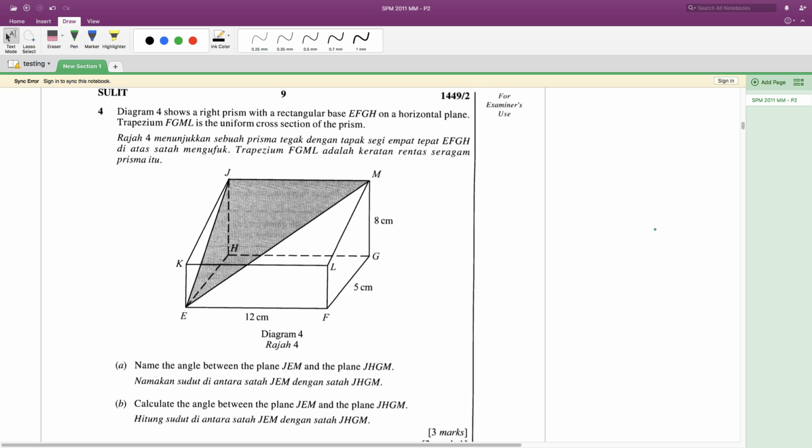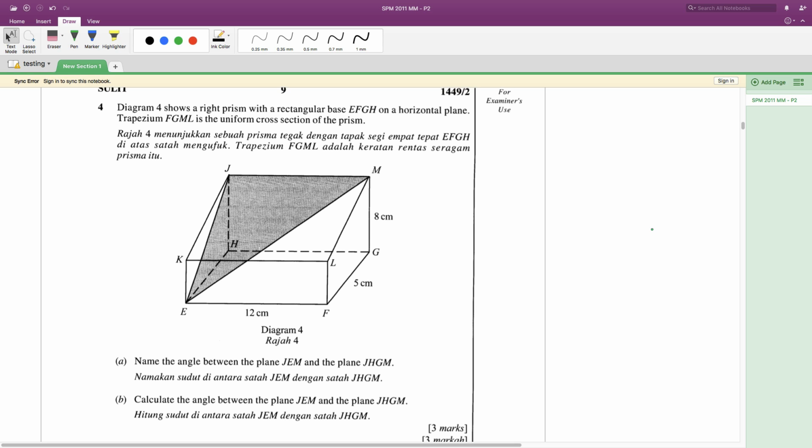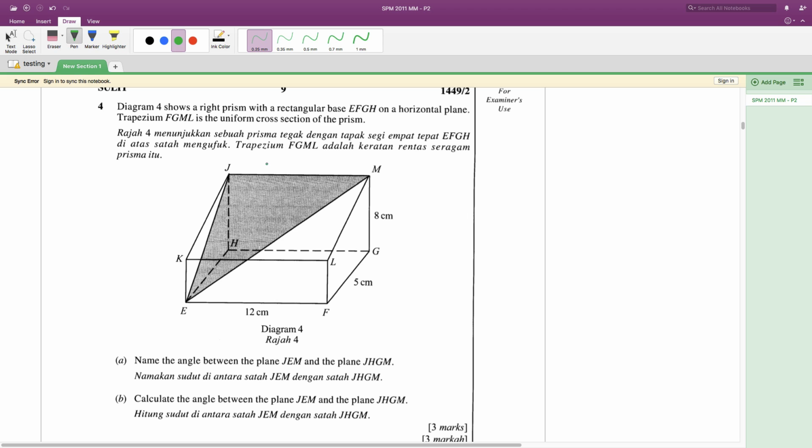Okay, this is the plan, and normally they ask you to find the angle. Diagram 4 shows the right prism with the rectangular base EFGH on the horizontal plane. Okay, so trapezium FGML.